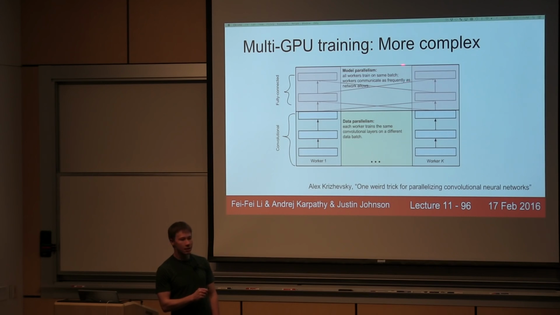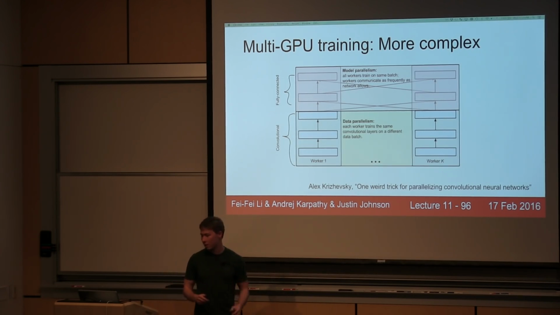But once you get to the fully connected layers, he found it's more efficient, because those are just really big matrix multiplies, to have the GPUs work together to compute the matrix multiply. This is kind of a cool trick. It's not very commonly used, but I thought it's fun to mention.